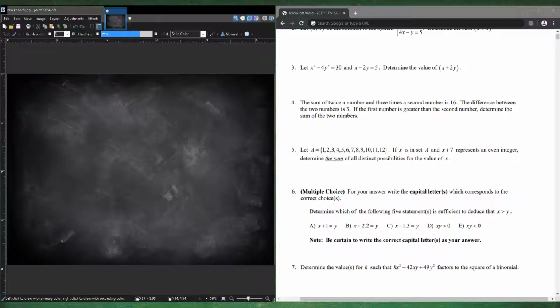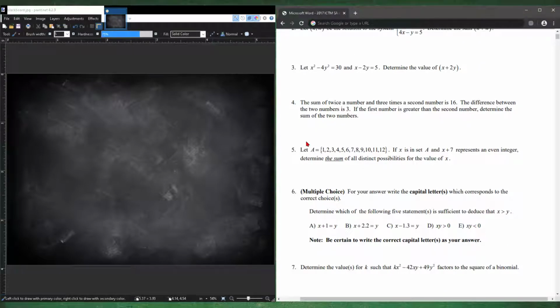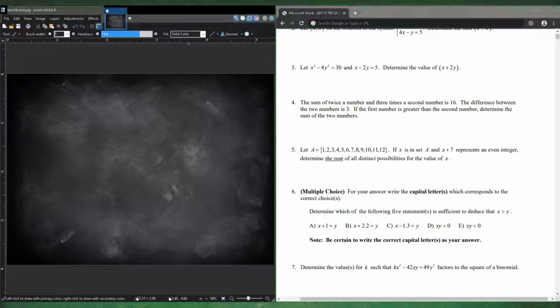Number 4, the sum of twice a number and 3 times a second number is 16. The difference between the two numbers is 3. If the first number is greater than the second number, determine the sum of the two numbers. Let's just say our first number is a and our second number is b.